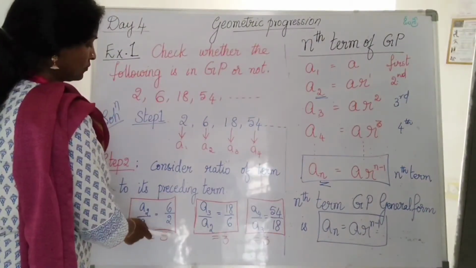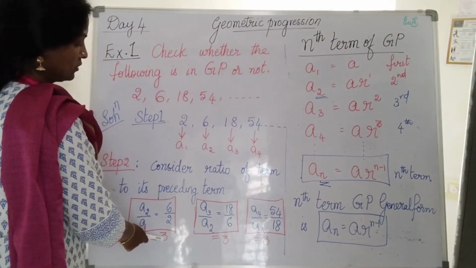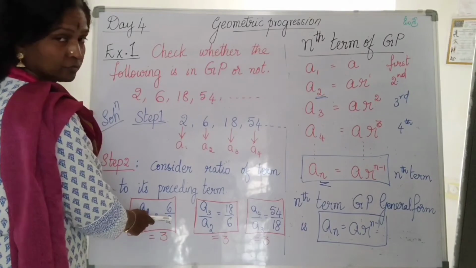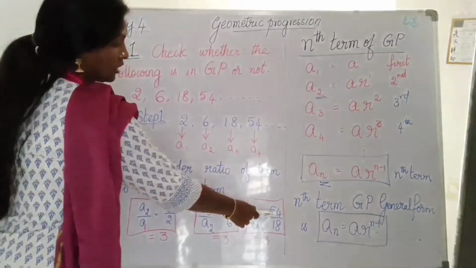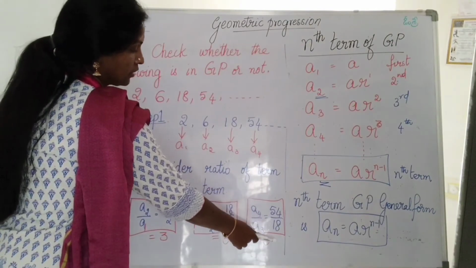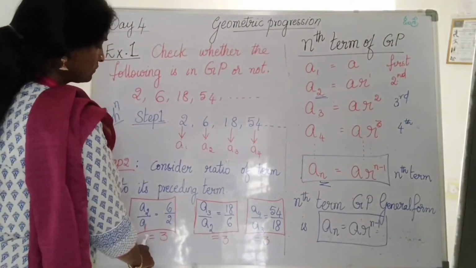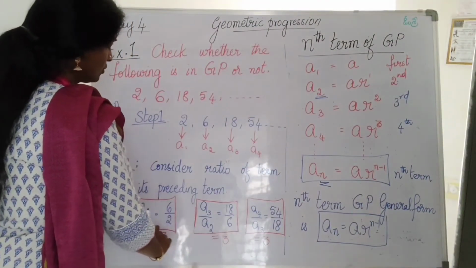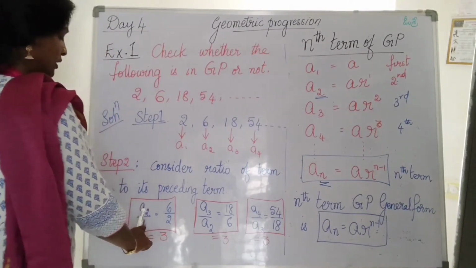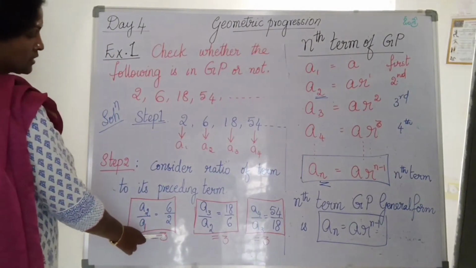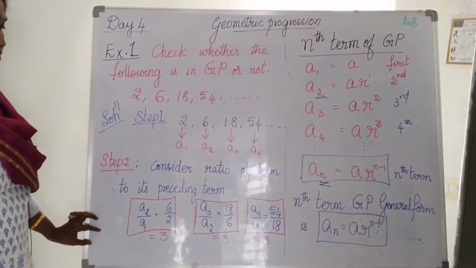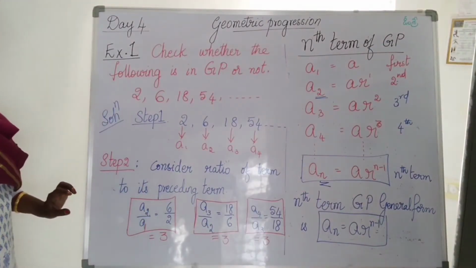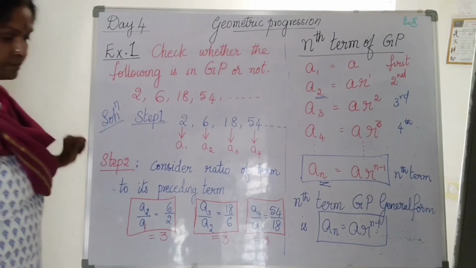So how did you get 3 here? 6 goes in 2 table 3 times, 18 goes in 6 table 3 times, 54 goes in 18 table 3 times. So in this way we got the ratio of a term to its preceding term as 3 in all these 3 cases. So this becomes the common ratio of the given list.